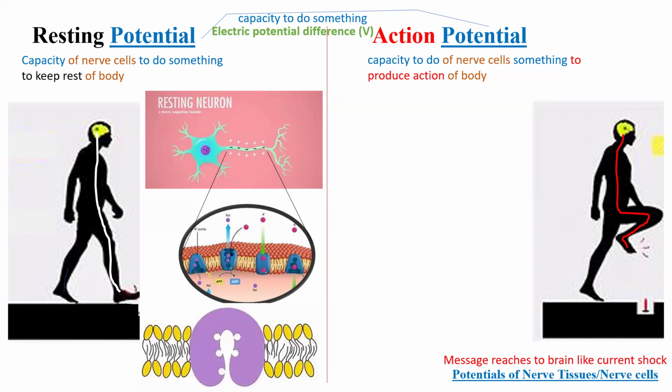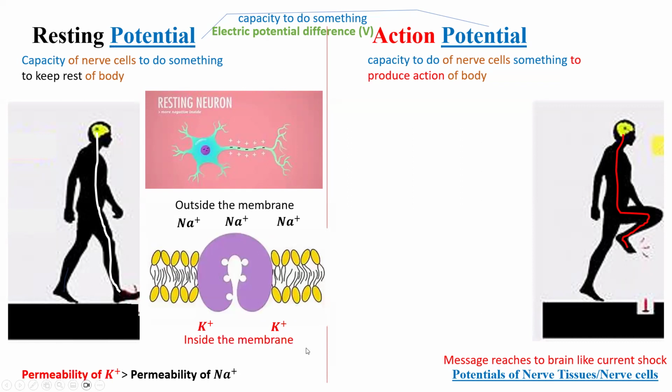So here, this membrane is semi-permeable, and what it does: outside of this cell membrane, there are some positive charges, like sodium ions, and inside it potassium ions are present, because the permeability of potassium ions through this cell membrane is higher than the permeability of sodium ions.